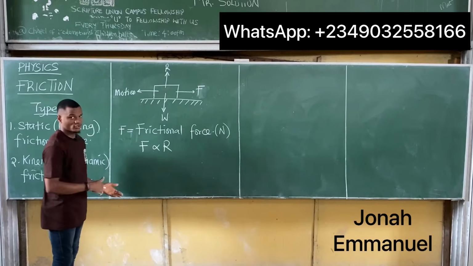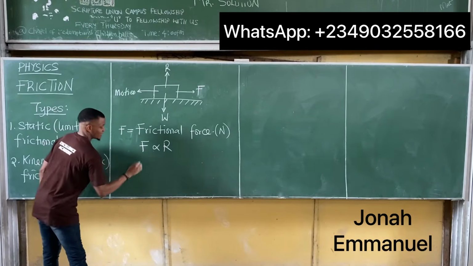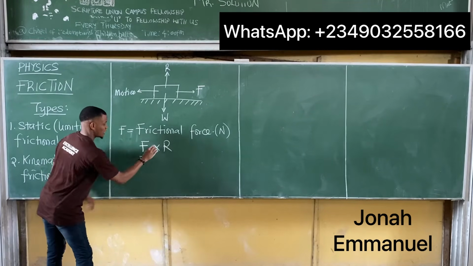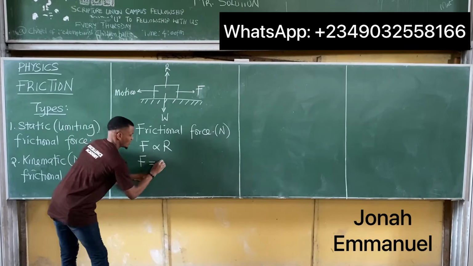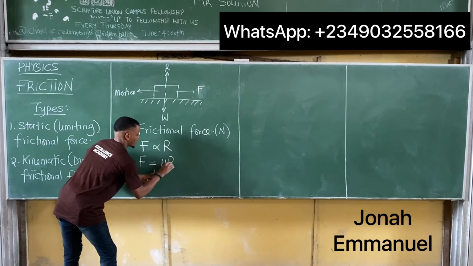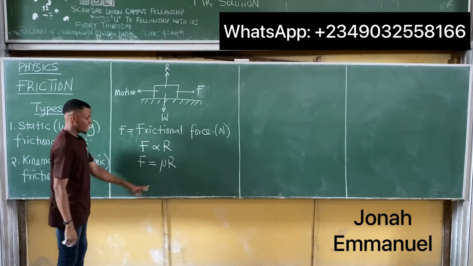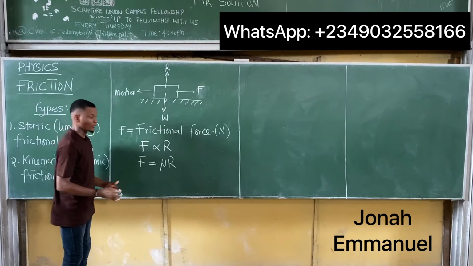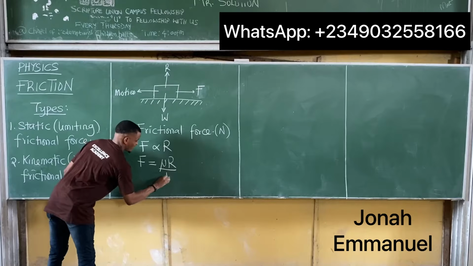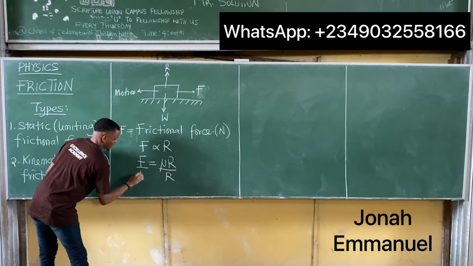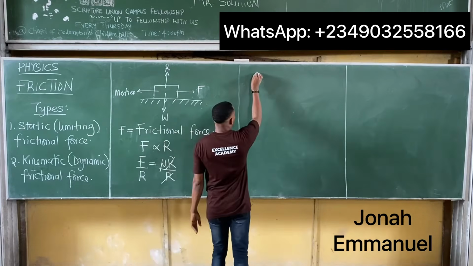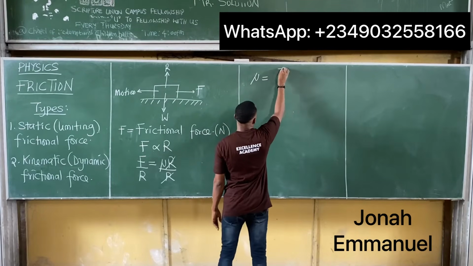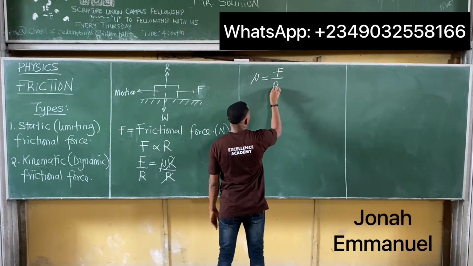So the frictional force is equal to mu R. If I make mu the subject of the formula, I divide both sides by R, and mu is equal to F over R.